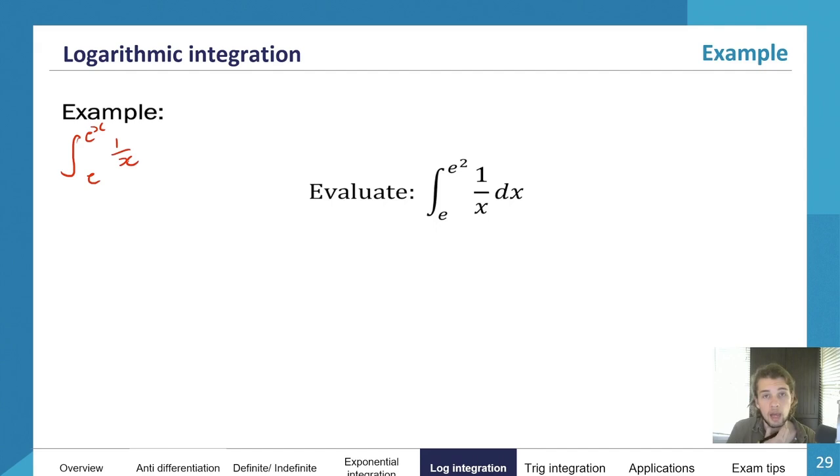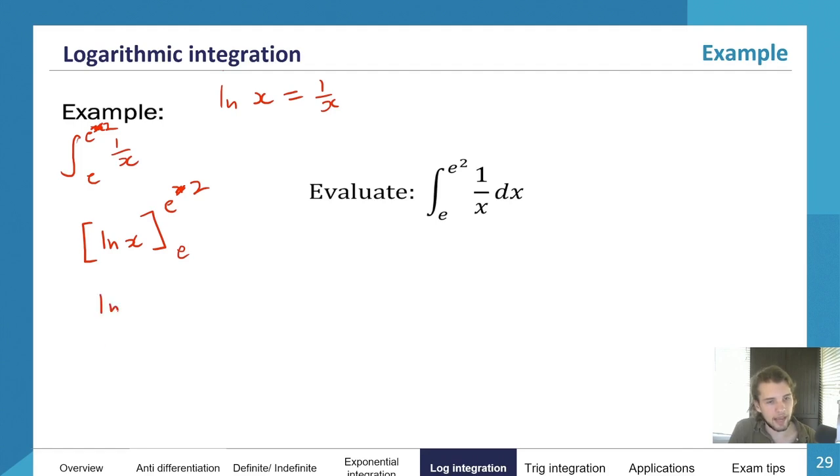So now we can apply our knowledge of our formula. We know that if we derived ln x, it would be equal to 1 over x. So that means in these square brackets, we're going to have necessarily ln x there. We have e to the power of 2. I don't know why I wrote x. That would be a very hard thing to solve. And then we have e down the bottom as well. Okay.